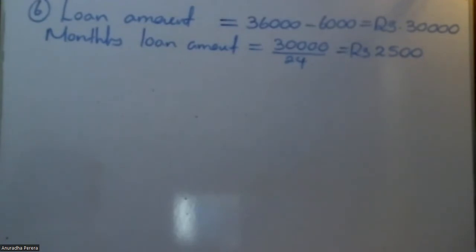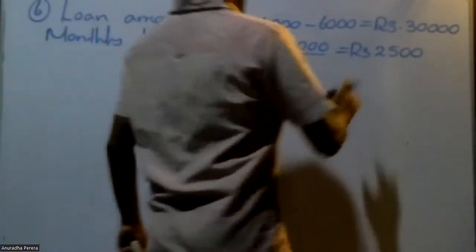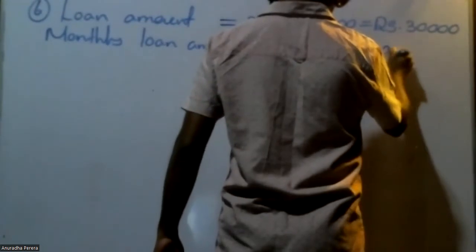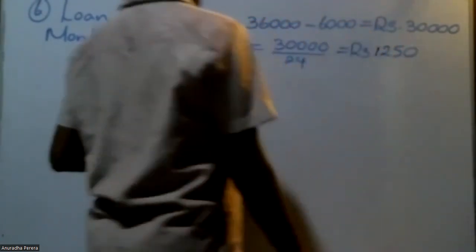No, 30,000 has to be divided by 24. 1,250.